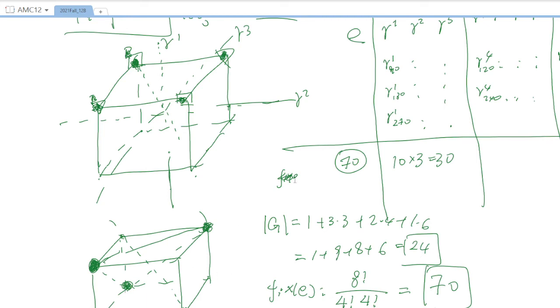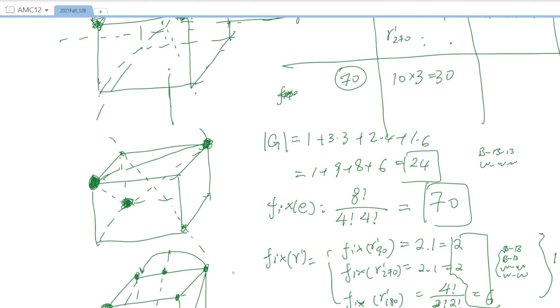So that means we need to group this one, this three should be a group, right? So we either have the BBB, WWW, right? That's this three and this three.